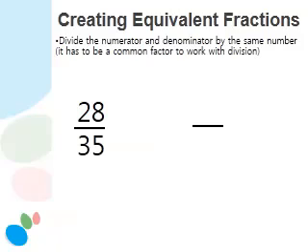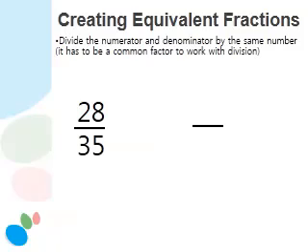Another way to find equivalent fractions is to divide the numerator and the denominator by the same number. It's like the multiplication, but you have to divide by a number which you can divide the numerator and the denominator by. So suppose, for example, you want to divide this fraction by 2. It's not going to work out because 35 is not divisible by 2. So you have to pick a number to be able to divide the 28 and the 35 by.